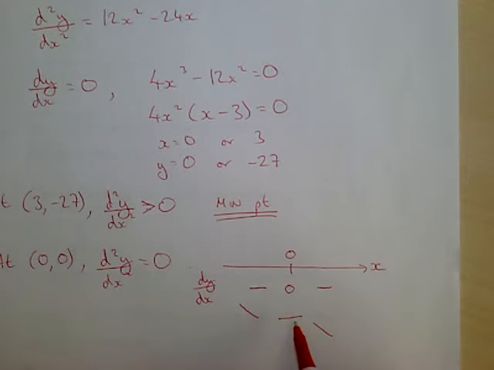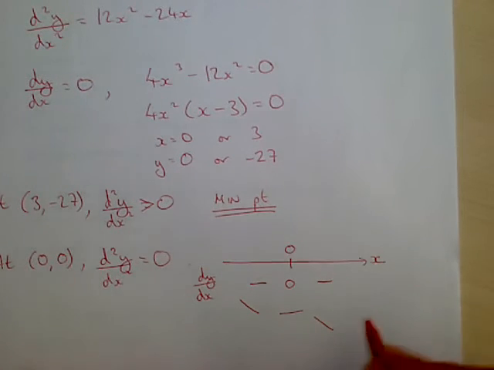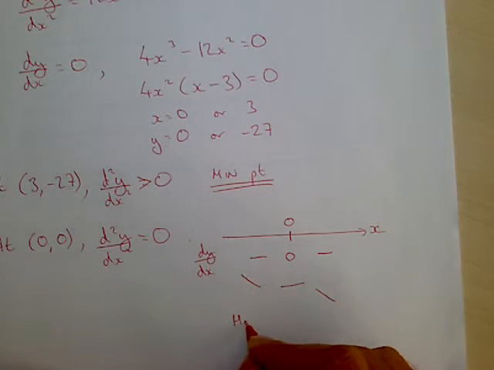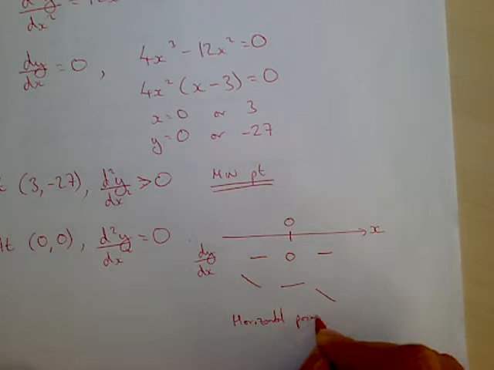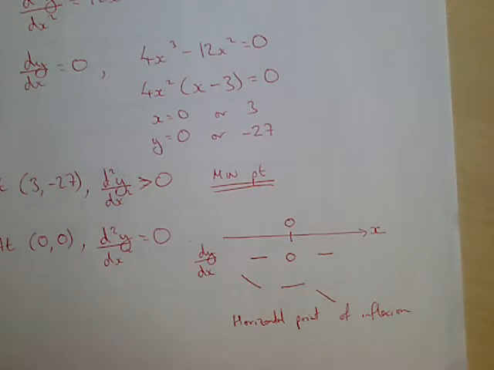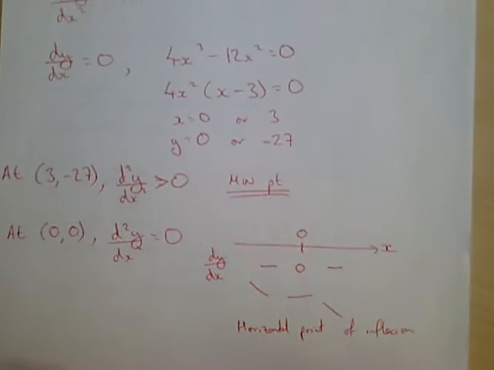That would suggest that I have a horizontal point of inflection, and one with a negative gradient before and afterwards. So we will call it a horizontal point of inflection.